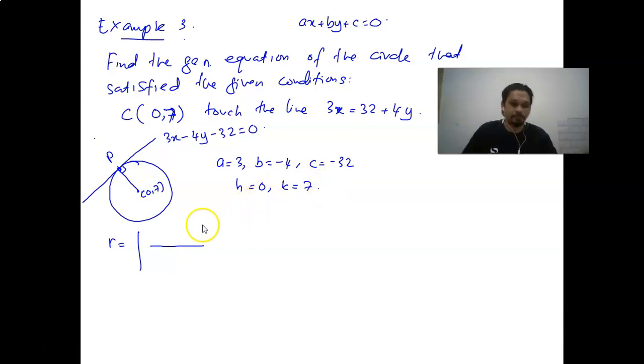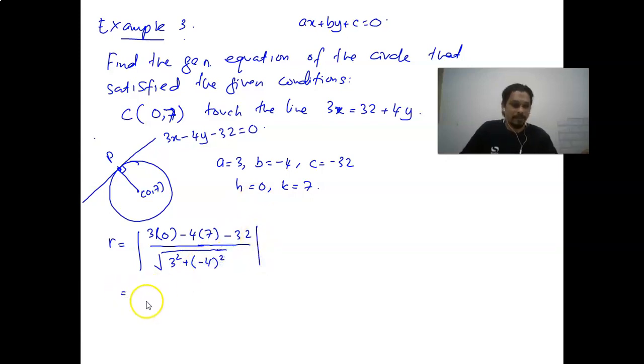So now, A and H, 3 times 0, plus B and K, negative 4 with 7, and minus 32, divided by square root of A square plus B square, where A equal to 3, 3 square plus B equal to negative 4 square.